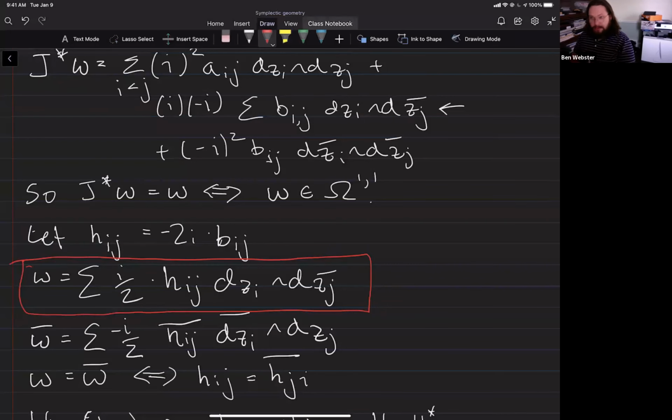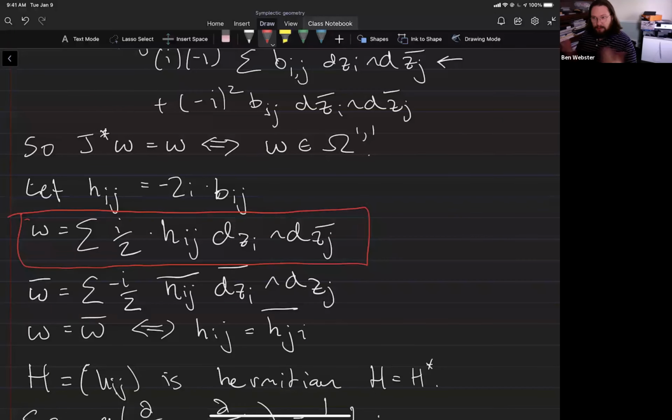I'm just going to remind you what's happened here: I've thought of the complex structure as fixed, and I've thought about what a compatible symplectic form would look like. And actually I haven't used anything about being a symplectic form yet. This would be true for a compatible almost symplectic form as well. It has to be a (1,1) form for one thing.